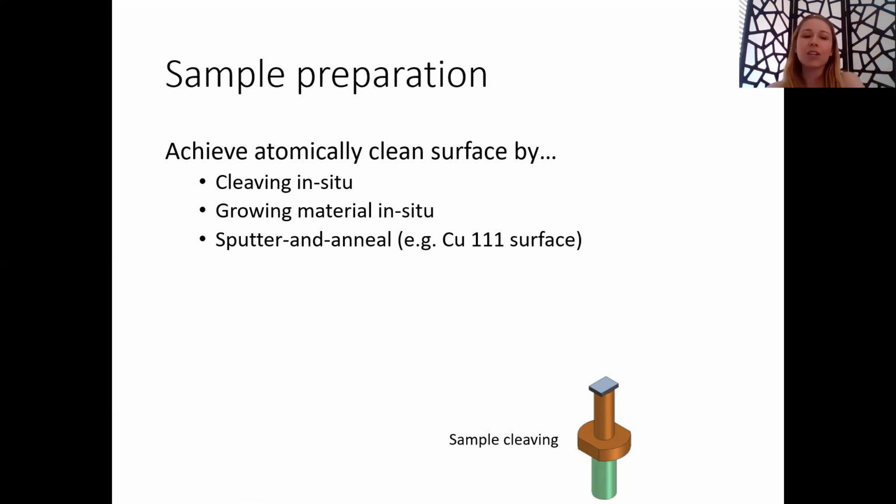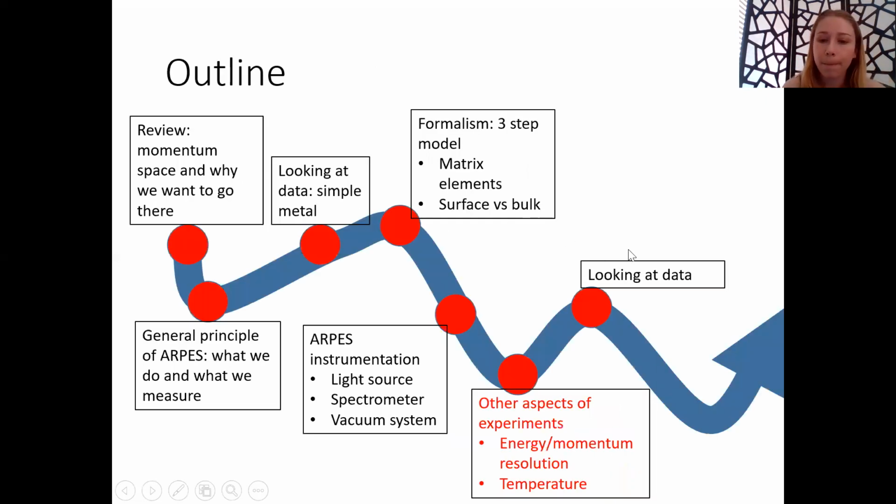And then you can heat it up or anneal to get the atoms you want back into their righteous position. So these are some of the ways that you can achieve an atomically clean surface without exposing your sample to air. All right, so we're almost done here.